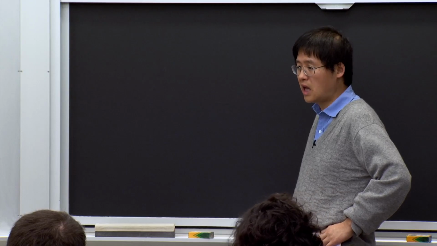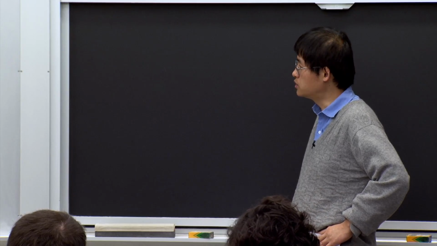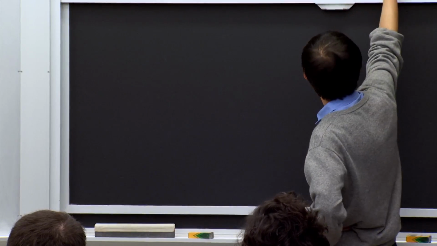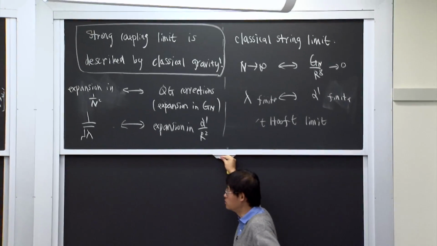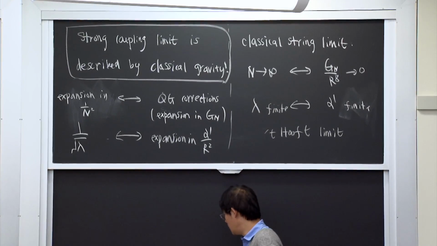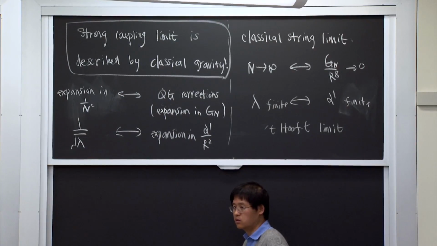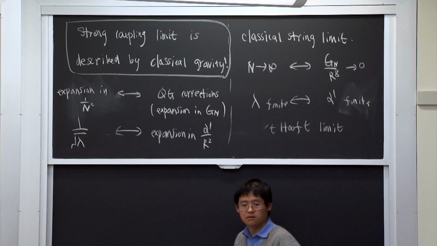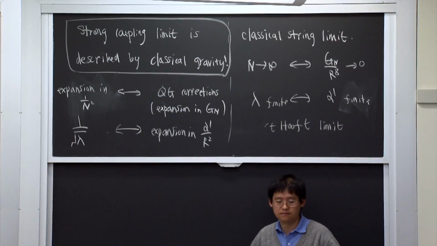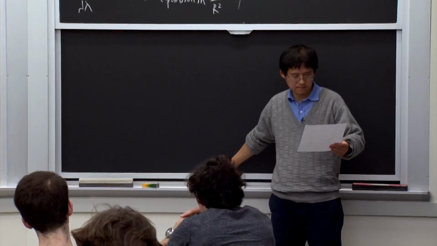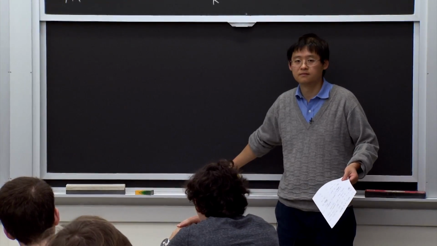Indeed, in the 't Hooft limit, g Yang-Mills will go to 0 when n goes to infinity, but g Yang-Mills is not the right parameter to look at. Any other questions?